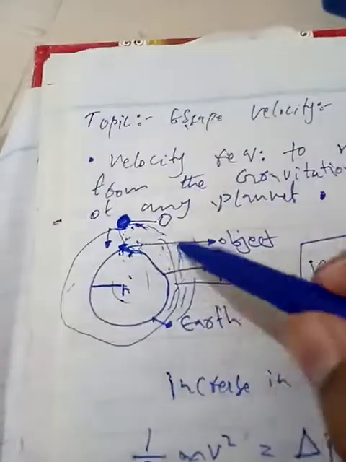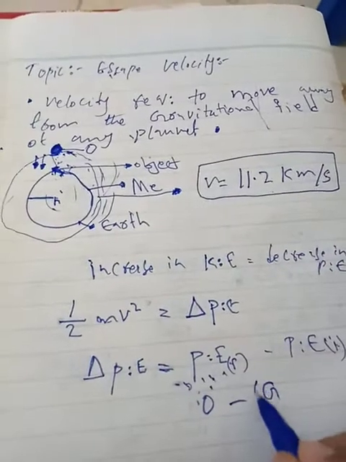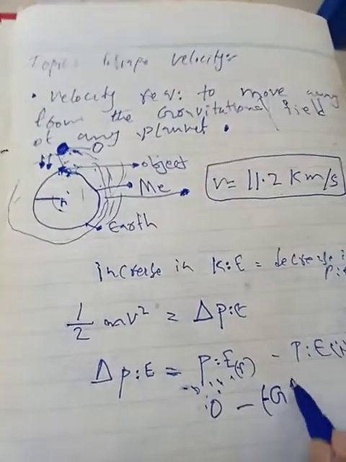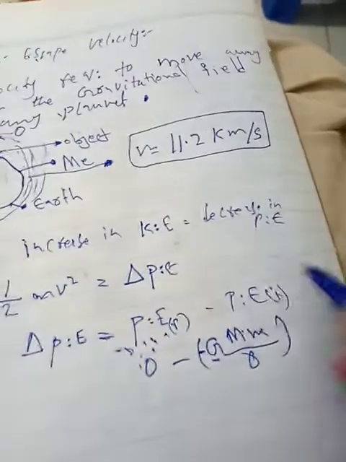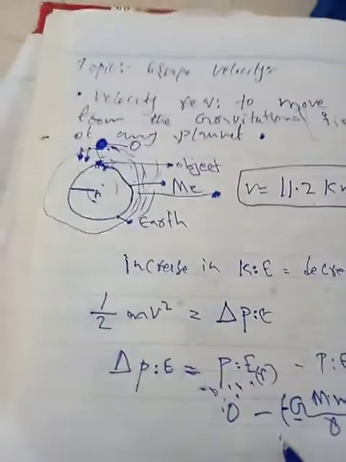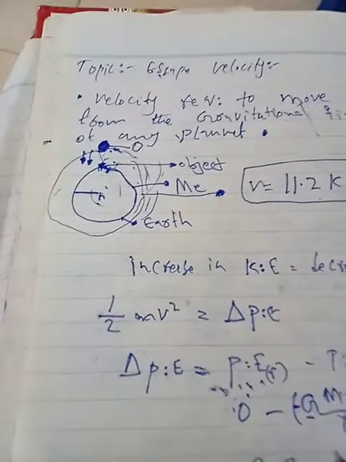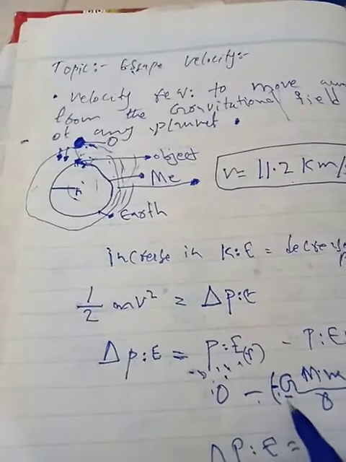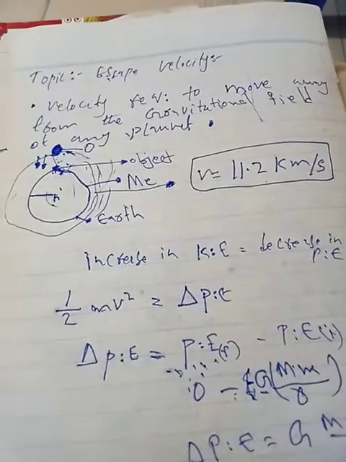We were giving this potential energy opposite to the gravitational force, so it will be minus GMm upon r, where M is the mass of Earth and m is the mass of the object which we are sending. So delta potential energy equals this minus multiplied with this minus, so it becomes positive GMm upon r.